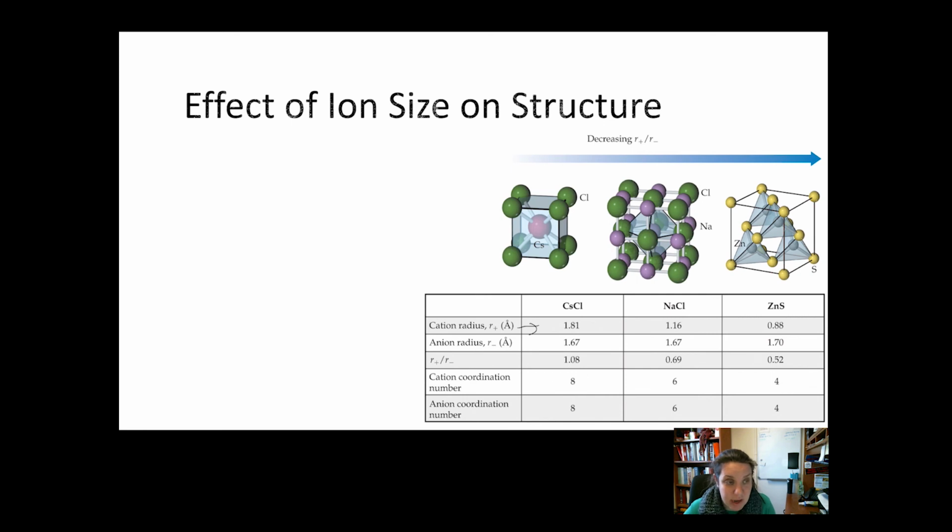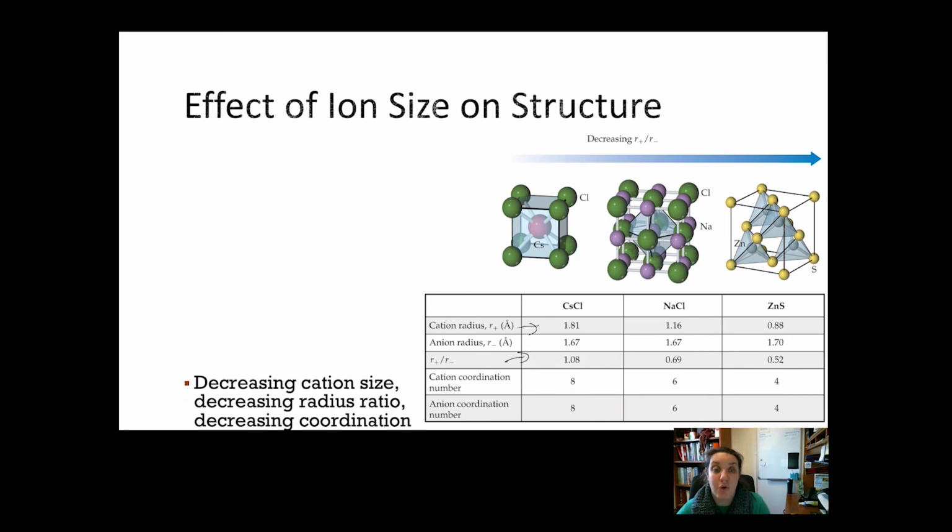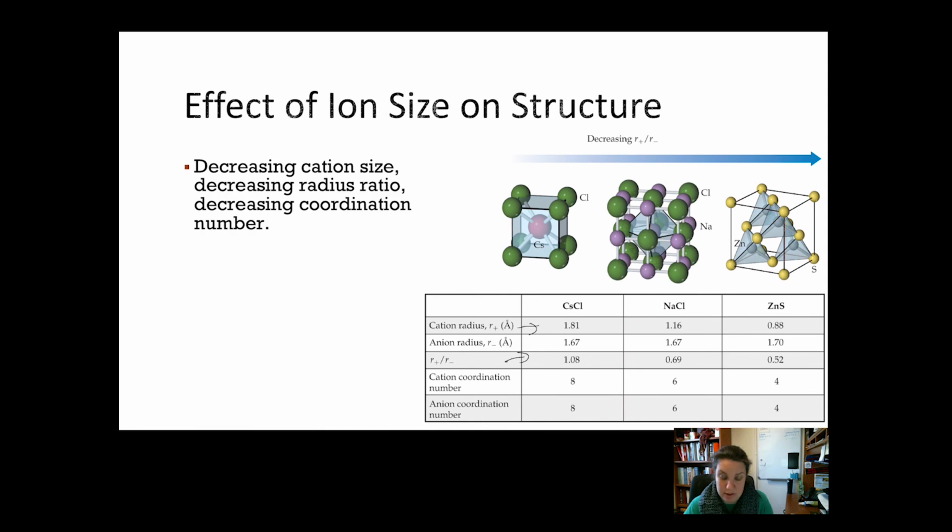We get a smaller cation versus our anion, so our radius ratio decreases. As that decreases, we have a decrease in our coordination number. And that's what we see. We go from 8 to 6 to 4.